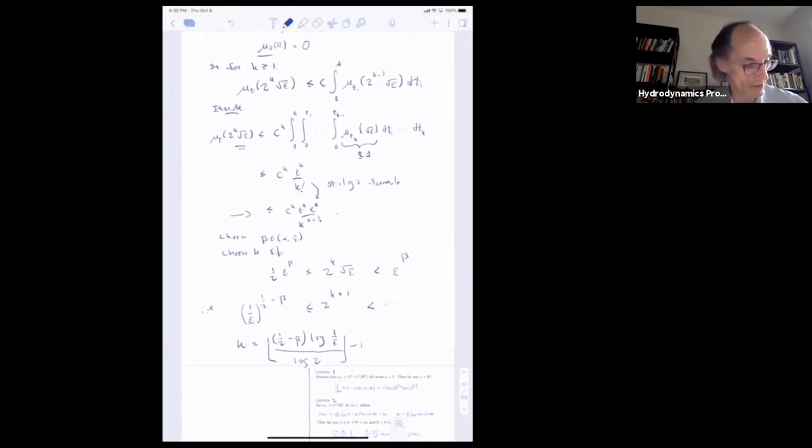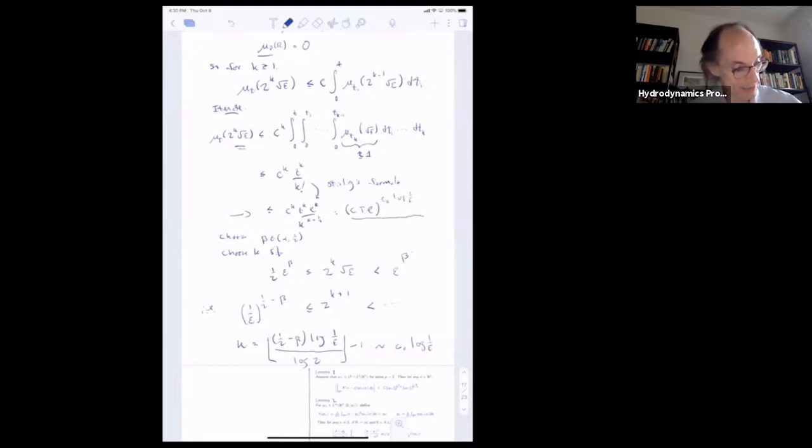So this is like some constant c, not a small constant, times log 1 over epsilon. Here we have, it's bounded by, so little t is bigger than capital T, C naught log 1 over epsilon.